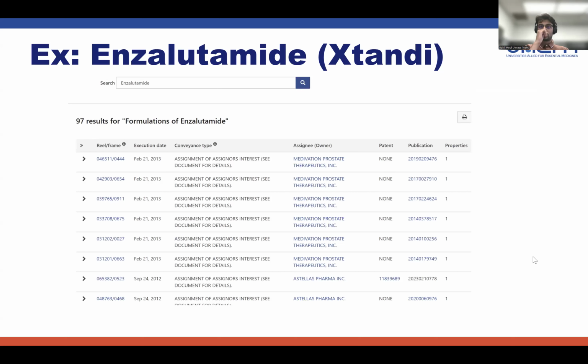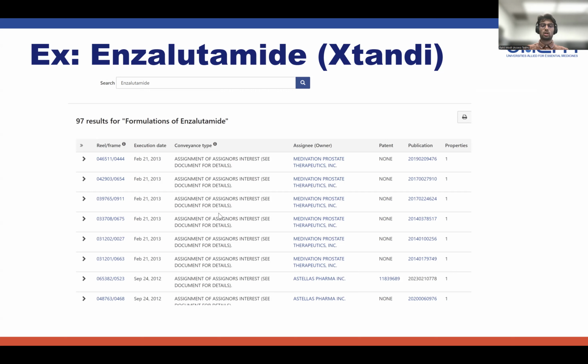So using Xtandi as an example, Xtandi is the brand name, and enzalutamide is the main compound within the drug. If you search that up, you can see a ton of different results.